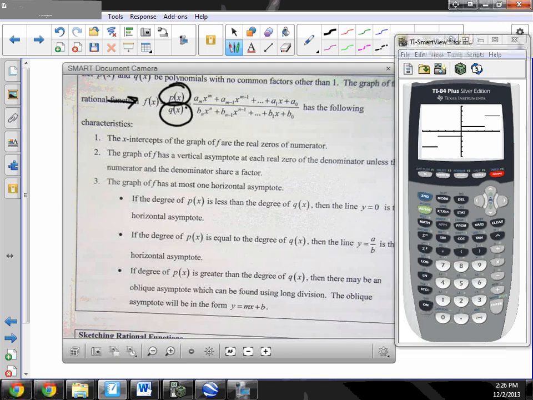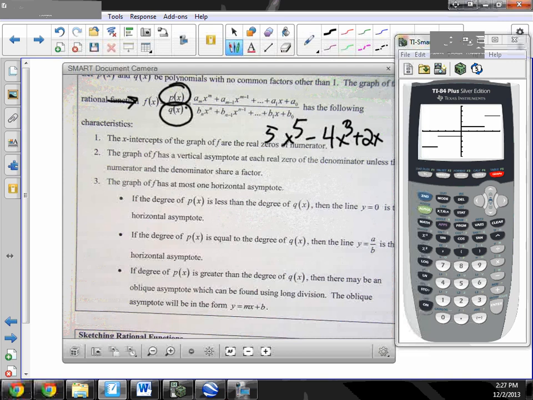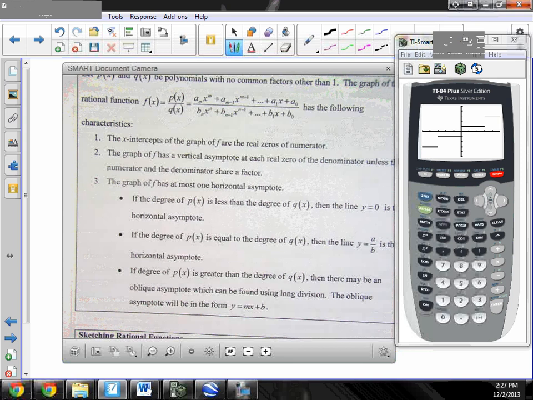And then it says p is a times x to something, and then you can see it just gets lower and lower. So like 5x to the 5th minus 4x to the third plus 2x to the 1st, whatever. So the top is a polynomial and the bottom is a polynomial. Okay. So we know how to do number 1 and we know how to do number 2.